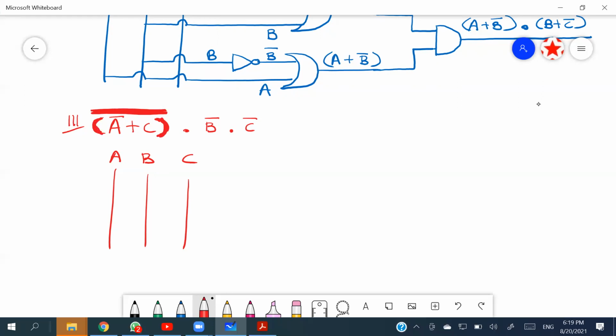So first of all, we have to do the things inside the bracket. Then we have to think about that big bar because it is outside of the brackets, right? So A bar is going to be created first since I'm considering the brackets first. So when A is received here, A bar receives at the outside, right?